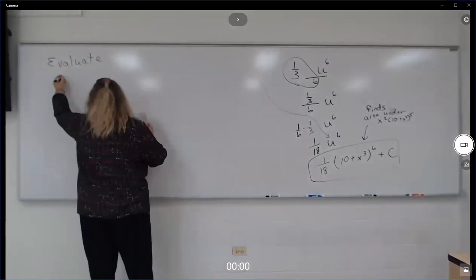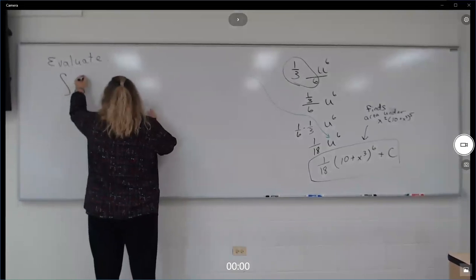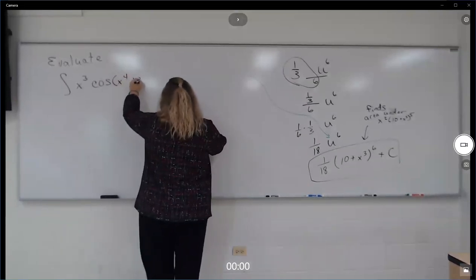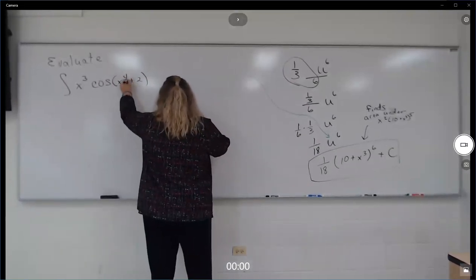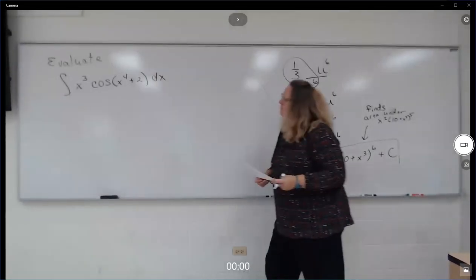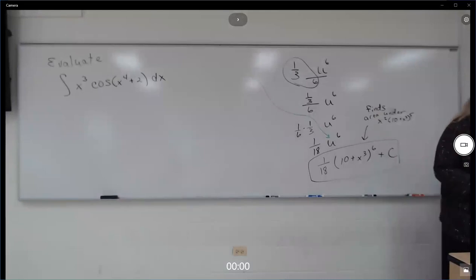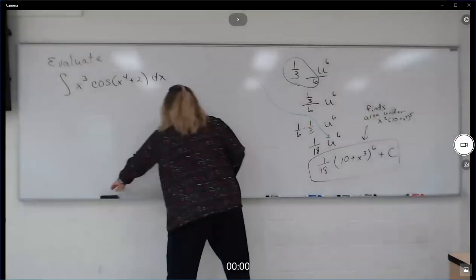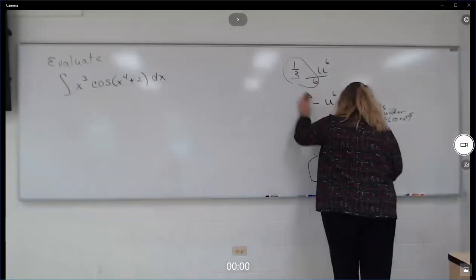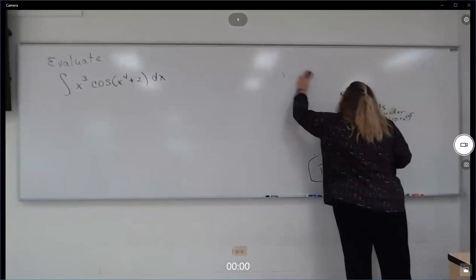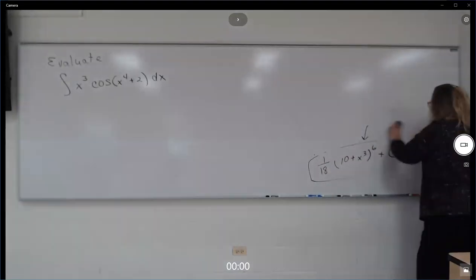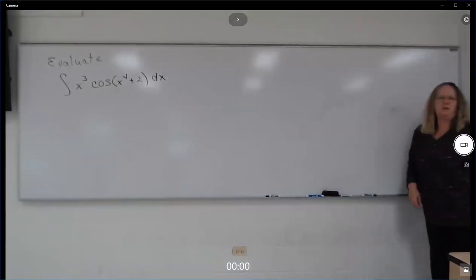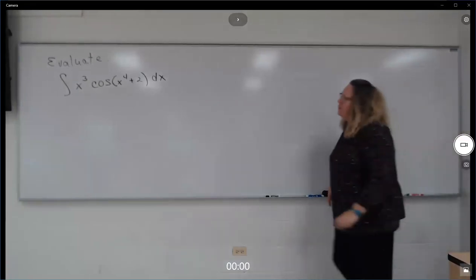Let's do the integral of x to the third times cosine of x to the fourth plus 2, and then dx. All right, most of the time when you see a lot of multiplication, that's when you're going to do this u substitution.